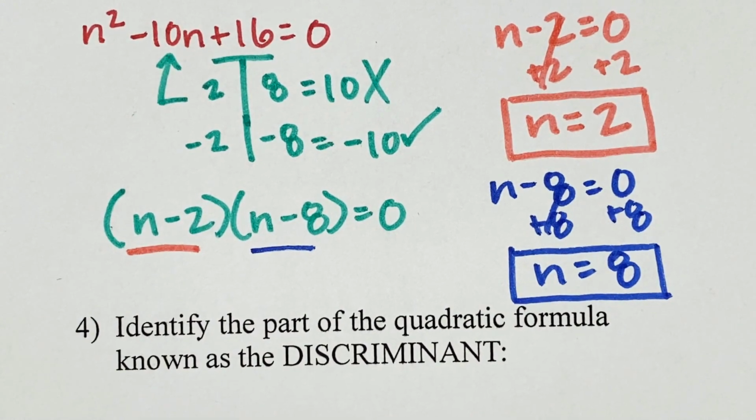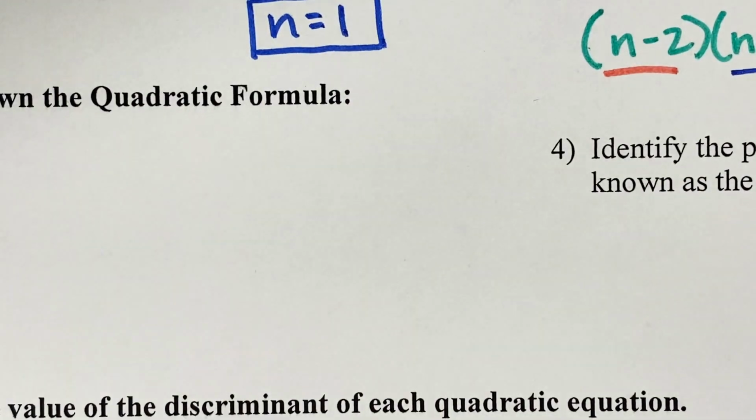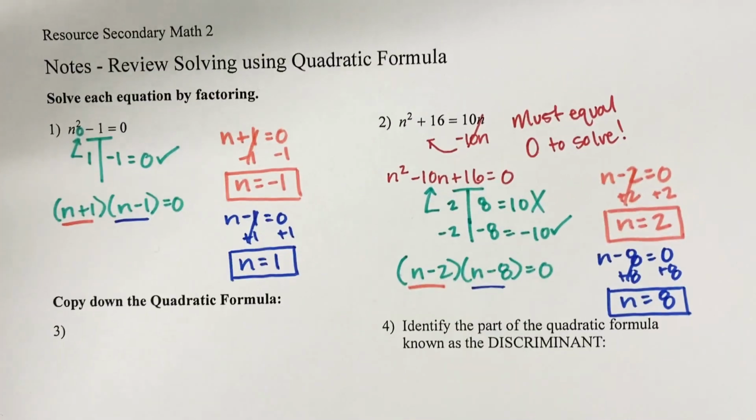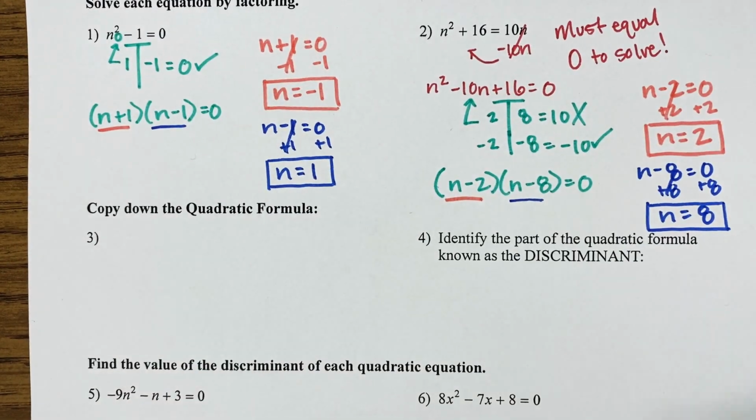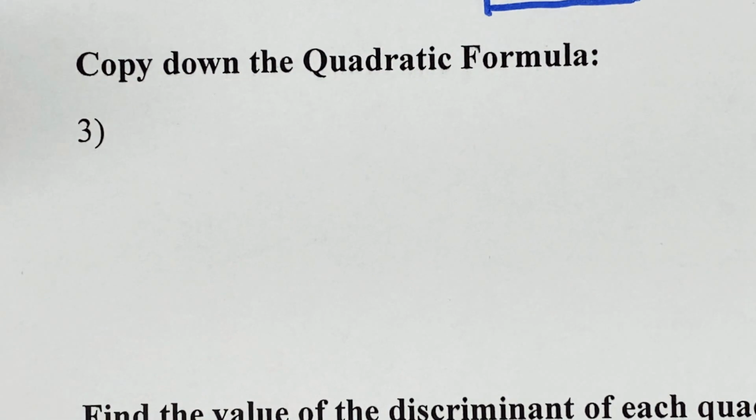Okay, so now for numbers 3 and 4. Numbers 1 and 2, we were solving using factoring. The rest of the problems, we are going to talk about the quadratic formula. So the quadratic formula is super important, so we need to write it down.